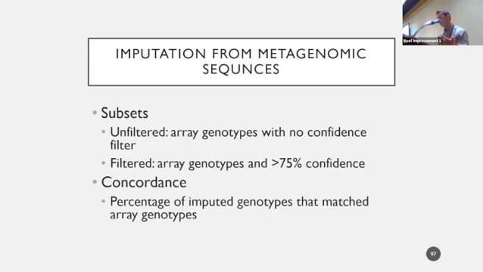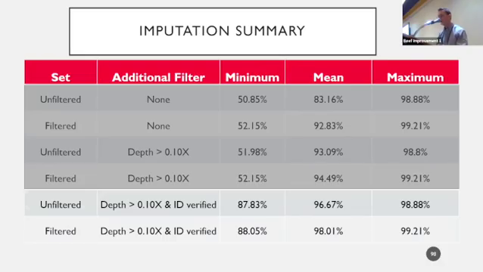You can see that we had unfiltered data sets and some were refiltered where we required 75% confidence in the imputed calls. And I point your attention to the very bottom row here. That's where we filtered based on confidence in the imputed call.